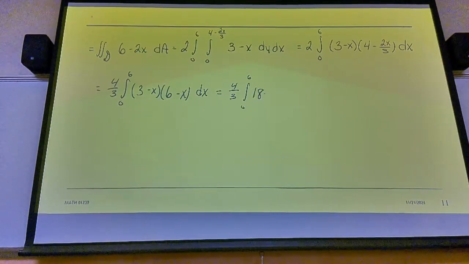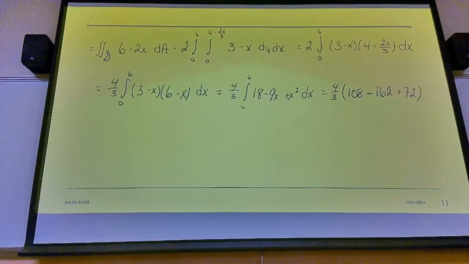18 minus 9x plus x squared. What's 18 times 6? 108. 6 squared, 36, over 2, 18, times 9, 162. 6 cubed, 216, over 3, 72.